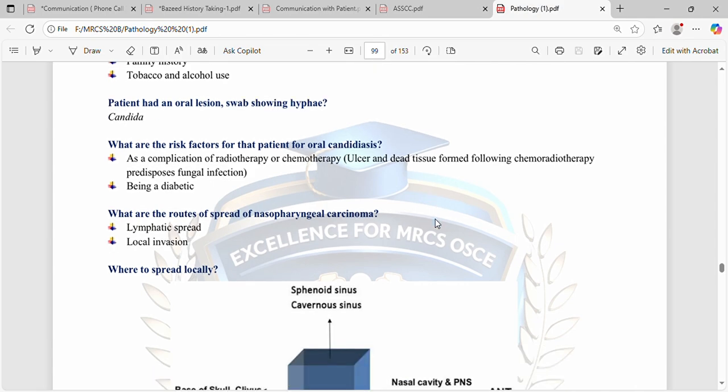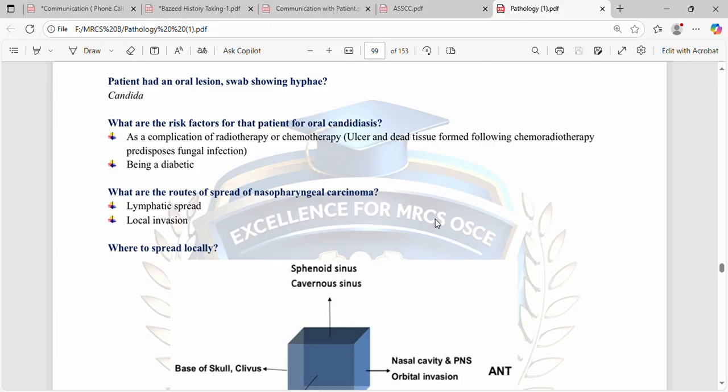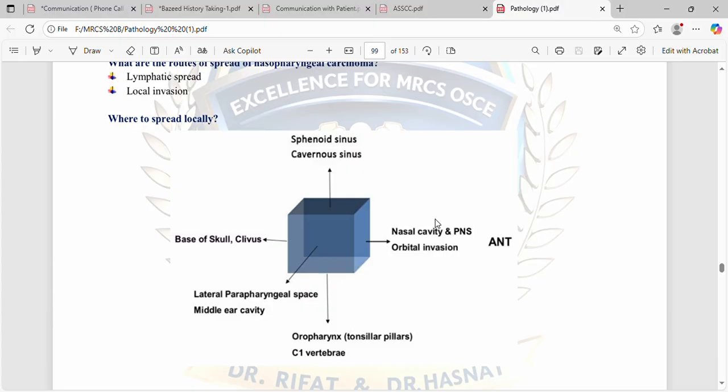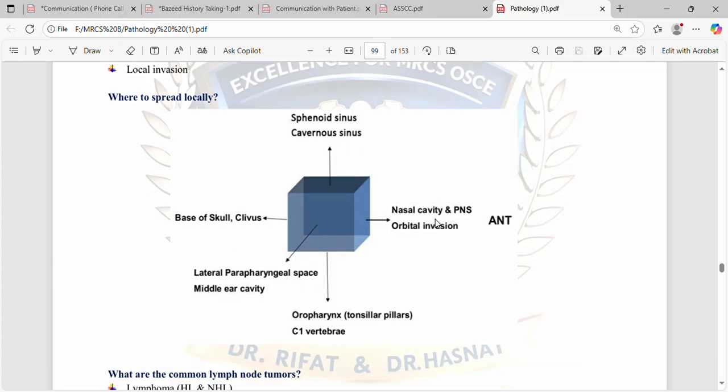What are the routes of spread of nasopharyngeal carcinoma? Lymphatic spread and local invasion. Where does it spread locally? Okay, this is a beautiful diagram of the nasopharynx. About the nasopharynx, you know from anatomy, we have the sphenoid sinus and cavernous sinus. So it can invade the sphenoid sinus and cavernous sinus.